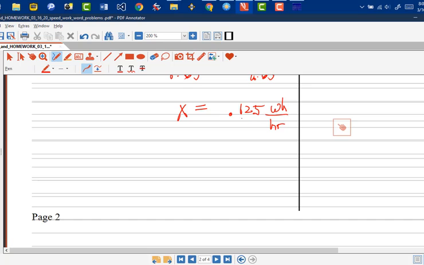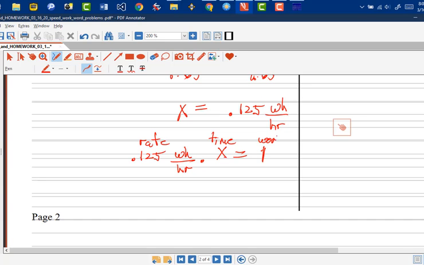So she has a rate of 0.125 warehouses per hour. So let's say her equation then would be 0.125 warehouses per hour times how many hours it takes her to do one warehouse is equal to one warehouse. So her rate times time would be equal to one warehouse.